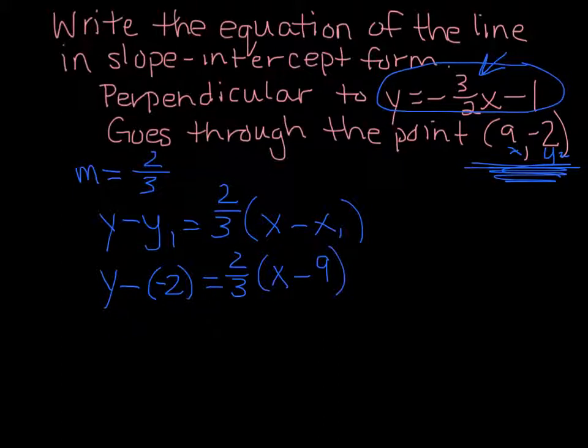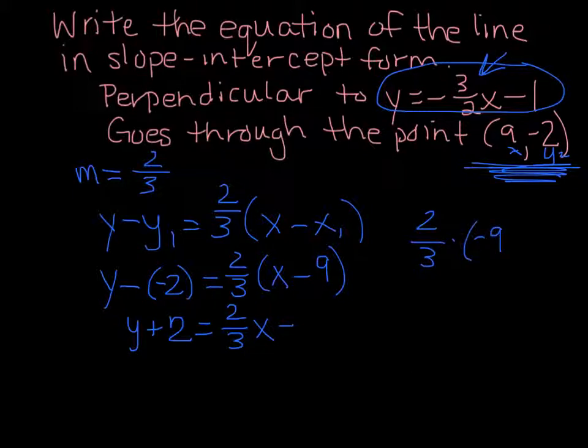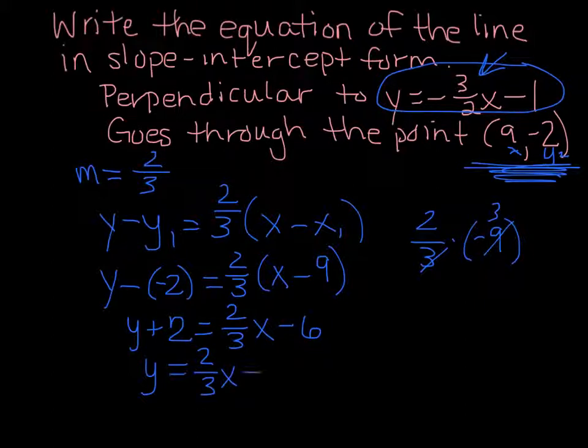And I'm just going to distribute: 2/3 x minus 2/3 times negative 9. This becomes negative 6. And the last step, I'm going to subtract the 2. And when I do that, I get y equals 2/3 x minus 8.